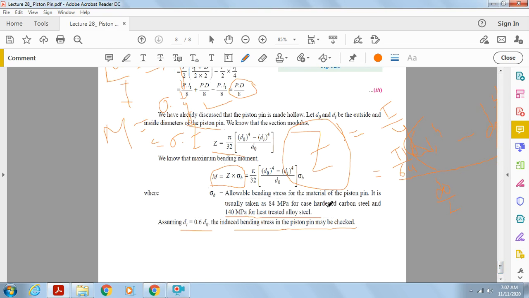So these are all the different design guidelines for designing the piston pin. Other names of the piston pin I have told you, that is gudgeon pin or wrist pin. Several types of numericals may arrive in university semester questions from this piston pin chapter.